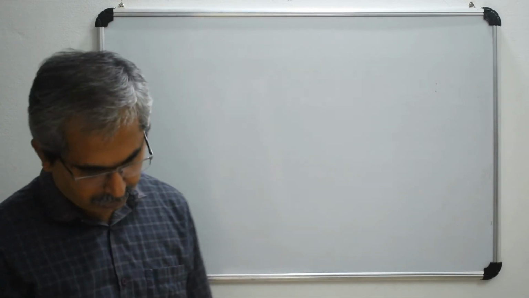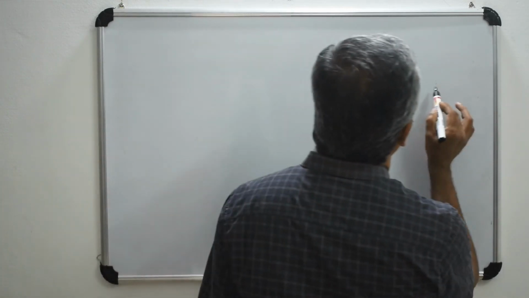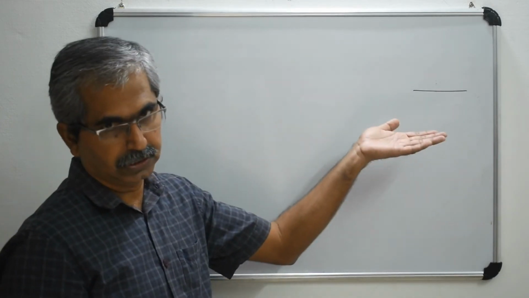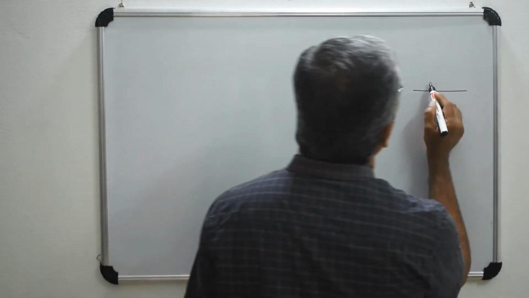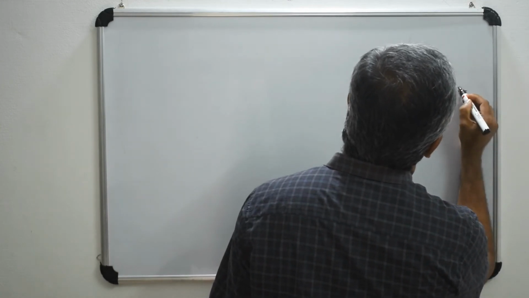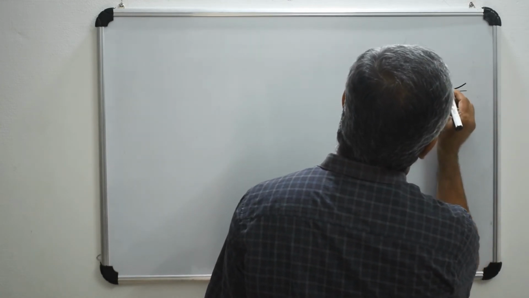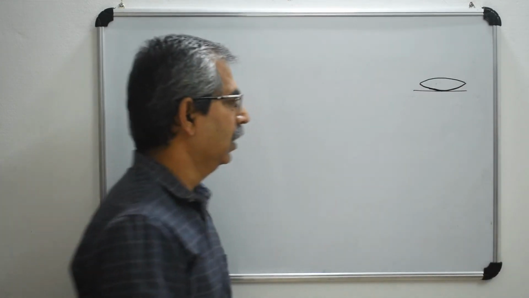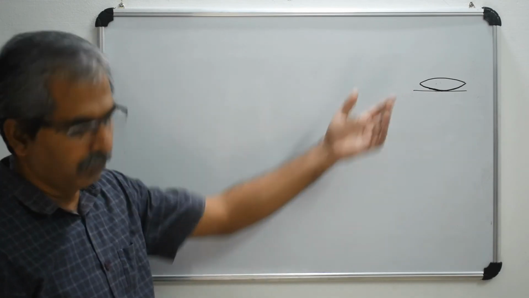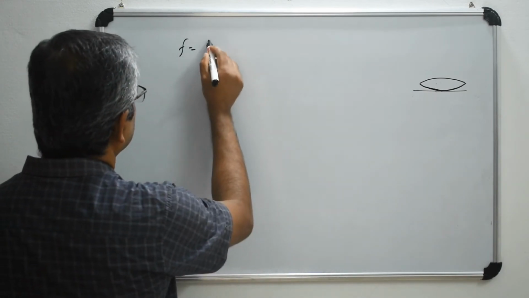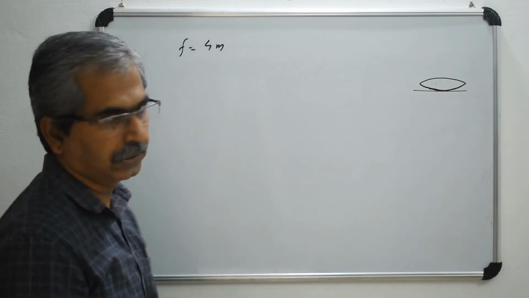Okay. So here, you have an optically flat glass plate, on which there is a convex lens. So there is an equiconvex lens, and the focal length is given, that is f is equal to 4 meters.